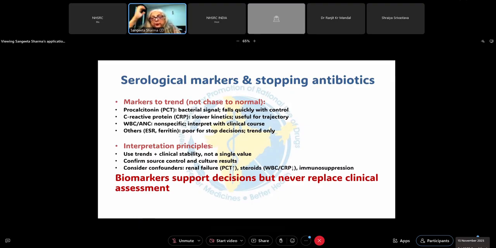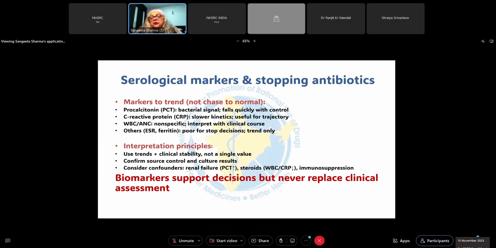You can do PCT, procalcitonin. You can take CRP. This is a traditional one, available for a long time. Although it is slower to rise and slower to fall, its trajectory, the pattern, can give you useful information.